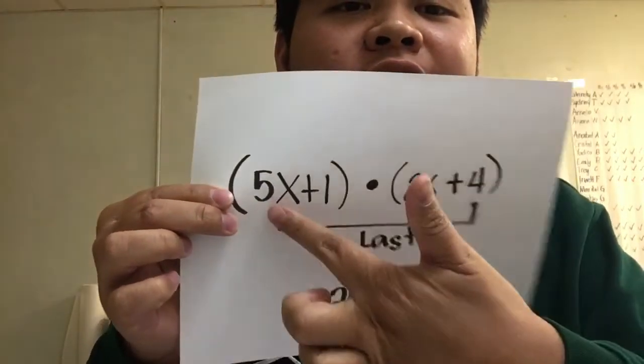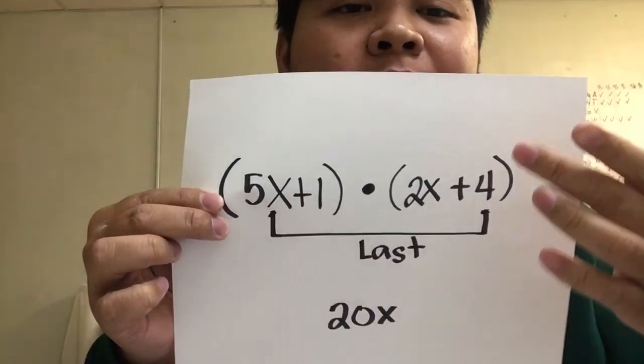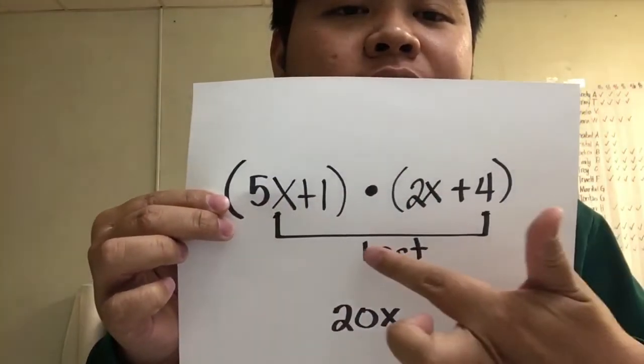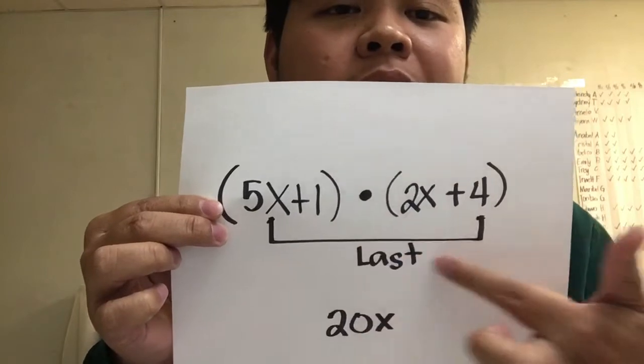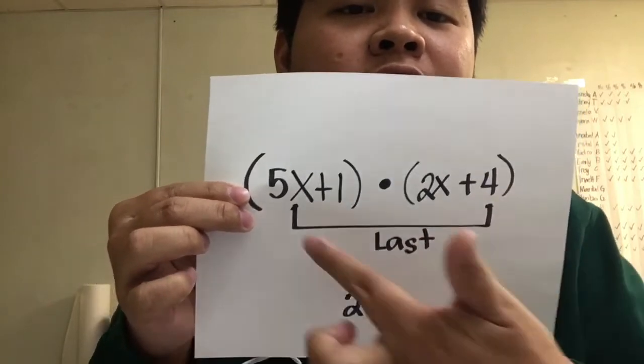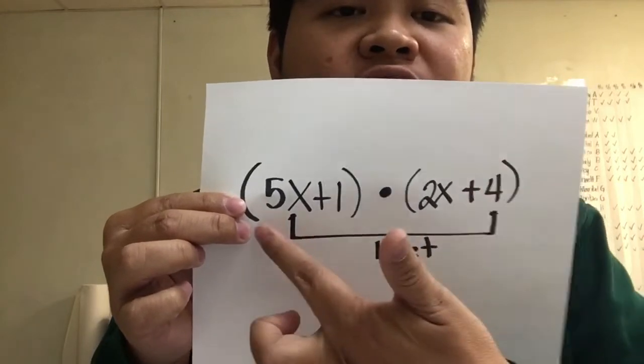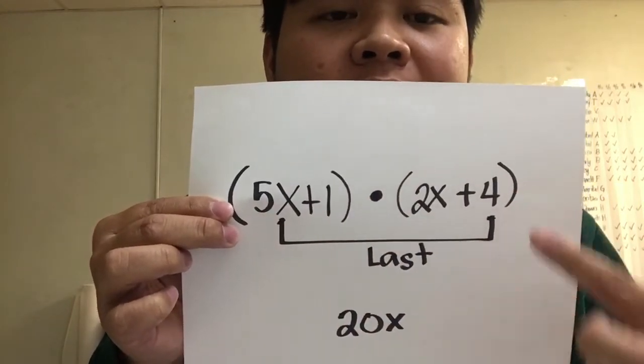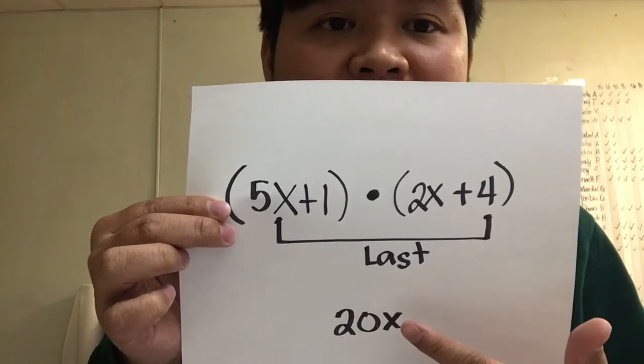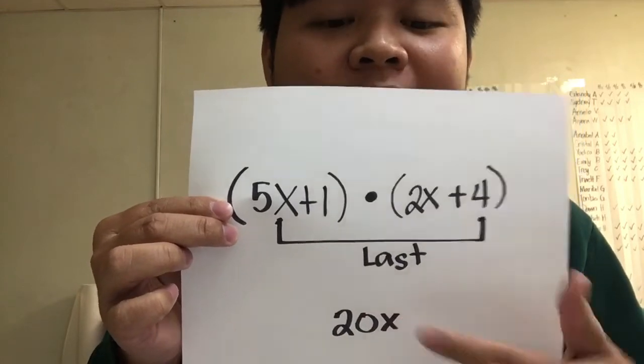So the first and the outer. I miswrote that one; that's supposed to be outer. So 5x times 4. 5 times 4 is 20x. Okay, and what's next?